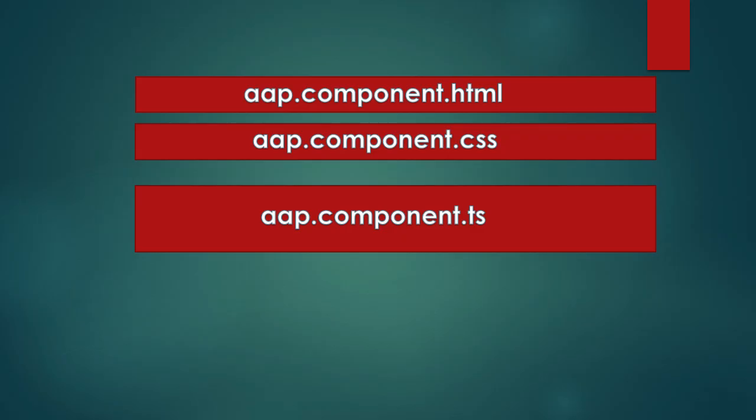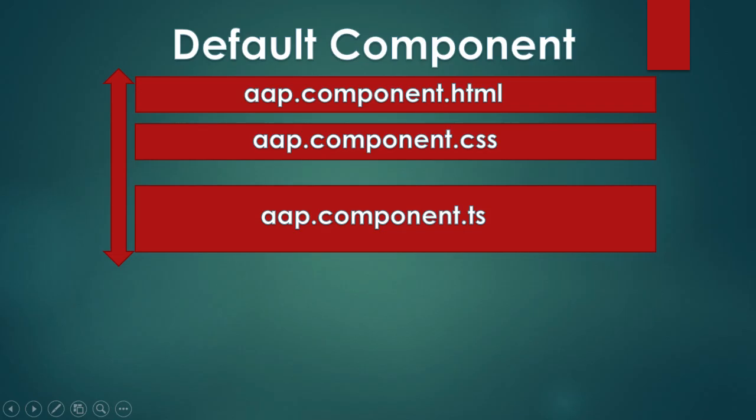That logic will be applied in app component.ts, which is the TypeScript file. So the validation logic we write in the TS file, the decoration logic in the HTML file, and to apply color and design we write the properties in the CSS file. So these three are called the default component.